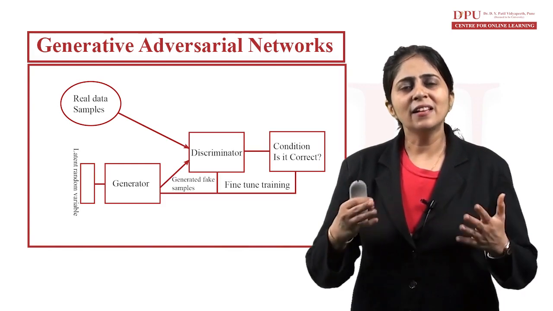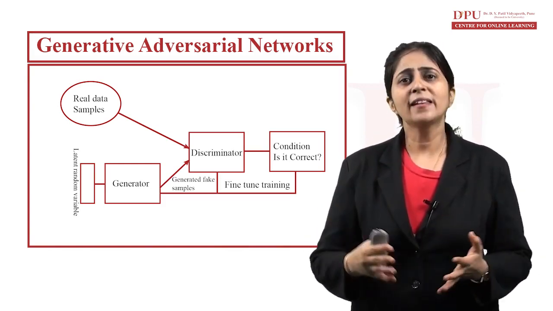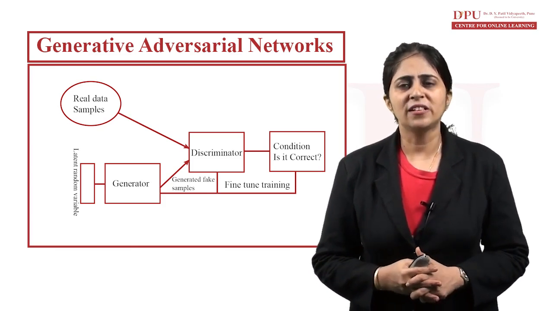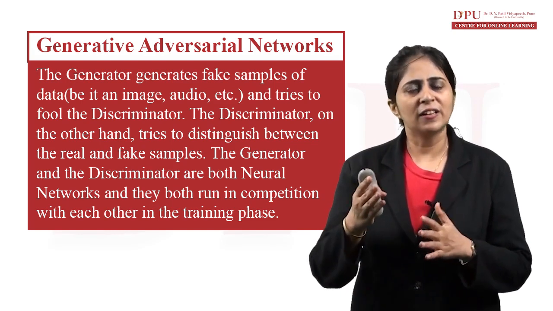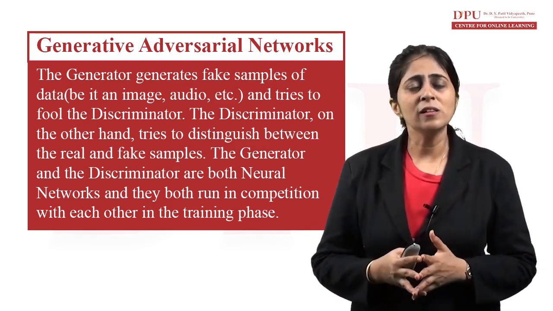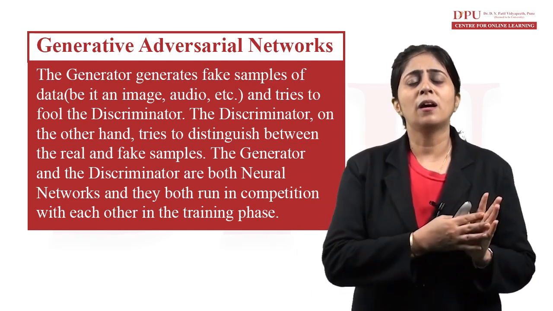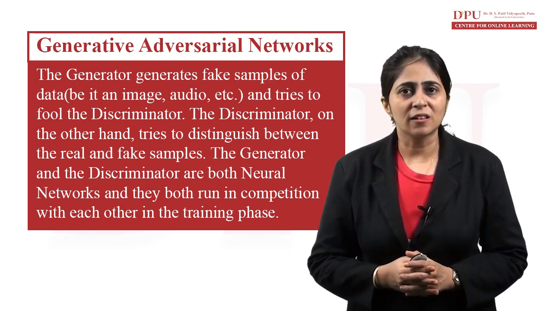The generator and the discriminator, both of these are neural networks, and they both run in competition with each other in the training phase. Depending on the condition, if it is correct, then the discriminator wins. Otherwise, it will again be the function of the generator to provide input to the discriminator.